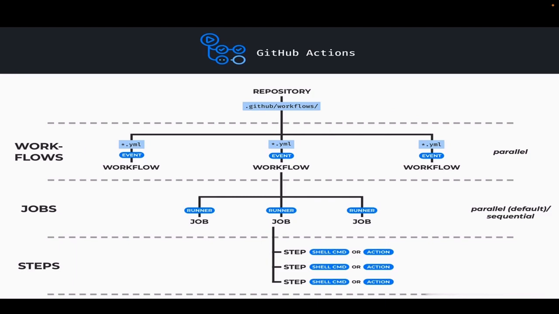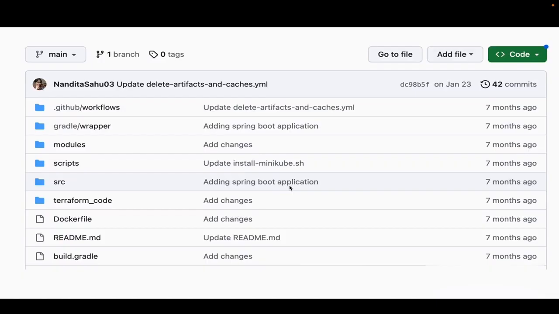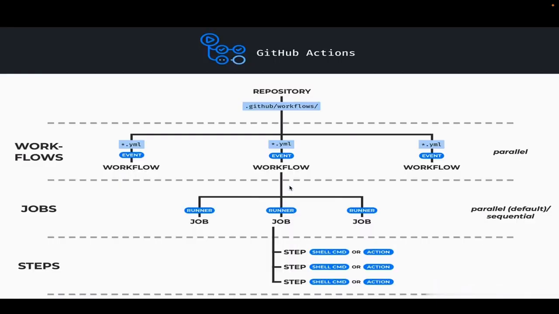Let's discuss the basic terminologies in GitHub Actions. As you can see, in GitHub Actions, a workflow is a set of one or more jobs that are executed in a specific order.